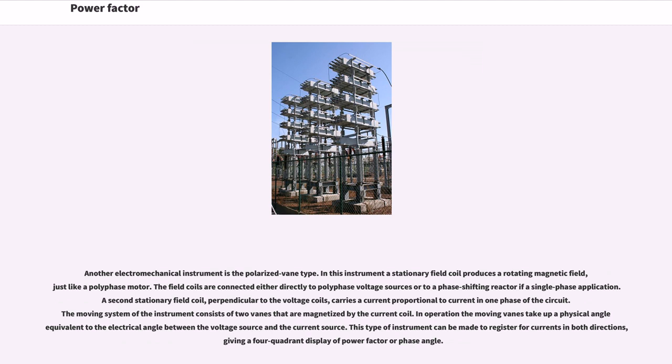The moving system of the instrument consists of two vanes that are magnetized by the current coil. In operation, the moving vanes take up a physical angle equivalent to the electrical angle between the voltage source and the current source. This type of instrument can be made to register for currents in both directions, giving a four-quadrant display of power factor or phase angle.